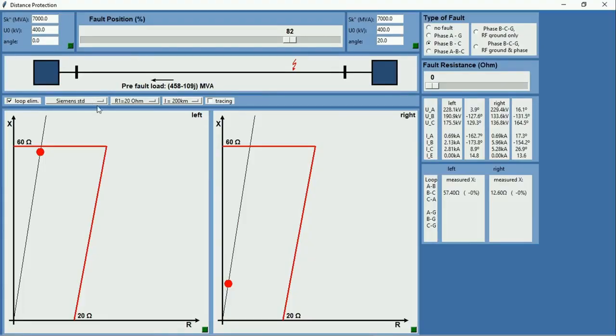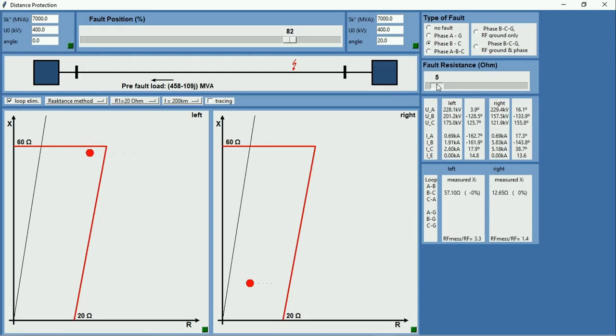And I can also show in the simulation what happens. I called it here reactance method. In the manuals you find RMD method. I have now activated this method. And what you see is if I do that, then although we have pre-fault load flow, the movement is horizontal.